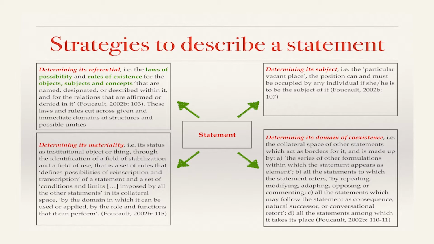Determine its subjects, which is the particular vacant position that an individual or a group has to occupy if he or she wants to be the subject of the statement. Determining the domain of coexistence, which means the space of coexistence and collaterality between the concepts mobilized in the statement and a wider domain of concepts, and determining its materiality.